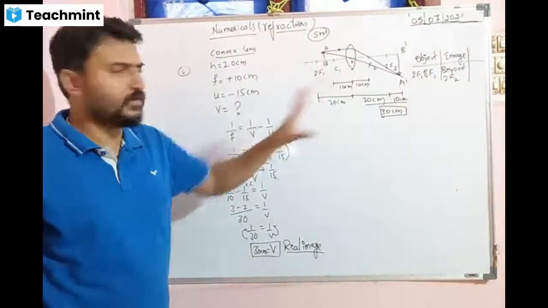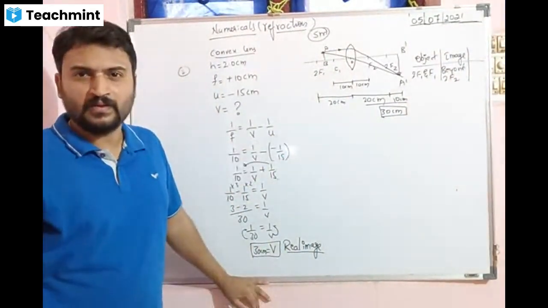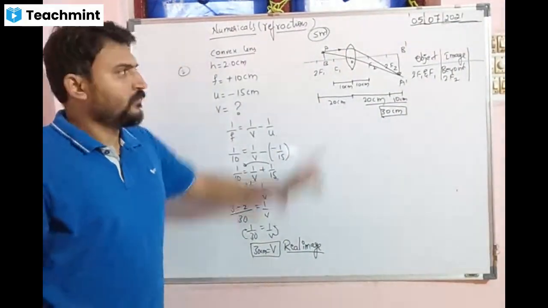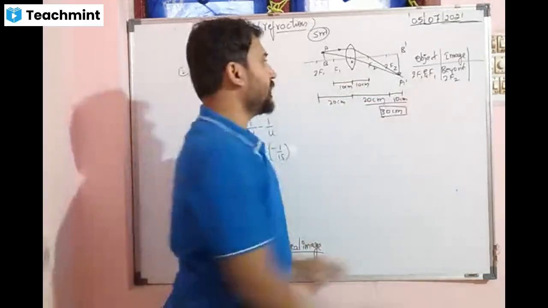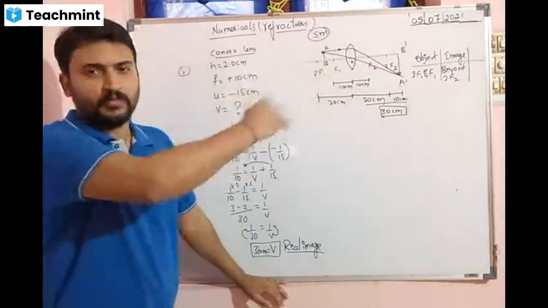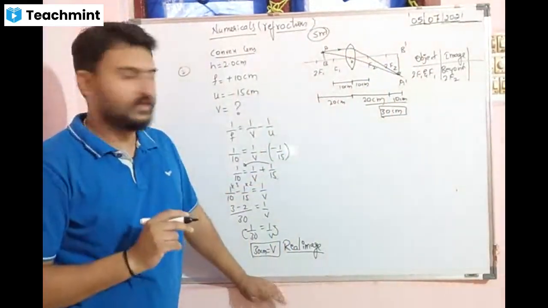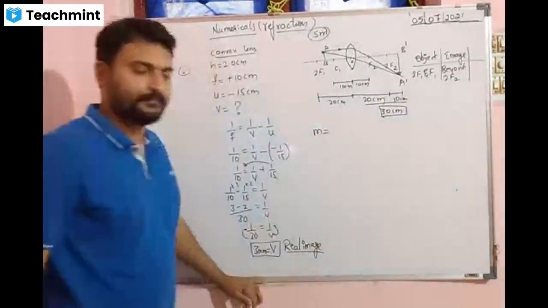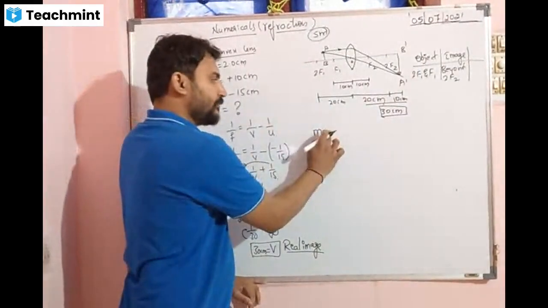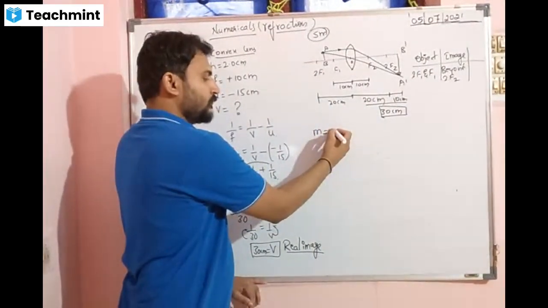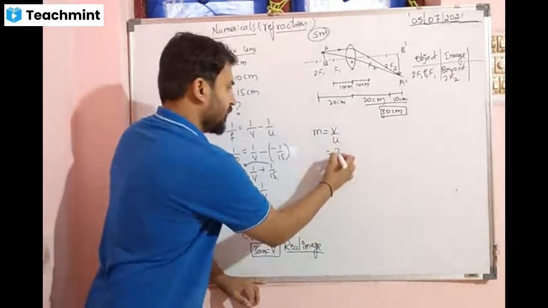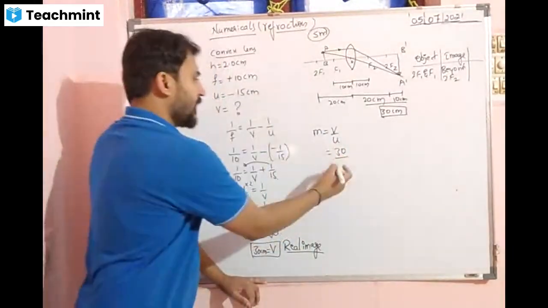Is that right according to the table? Yes, sir. When the object is between 2F1 and F1, the image is formed beyond 2F2 only, according to the table. Okay, let us see the magnification now. M is equal to, what is the formula? V by U, which is equal to V is 30, U is minus 15.